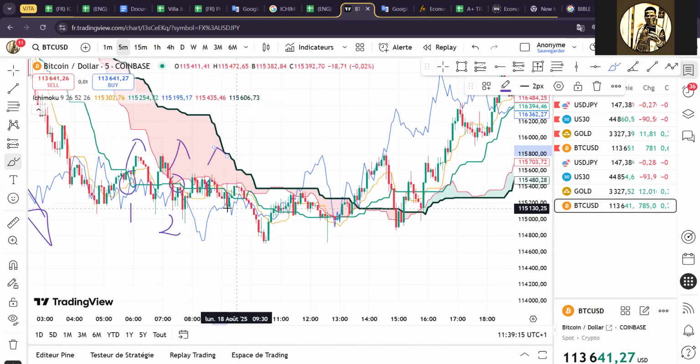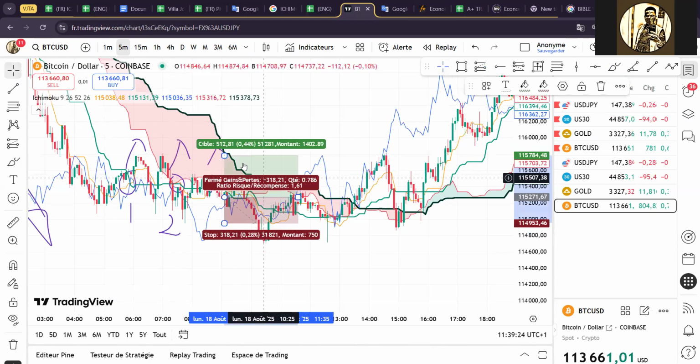So inside the third close to the upside, what you need to do is buy somewhere here and then place your stop loss at this level.